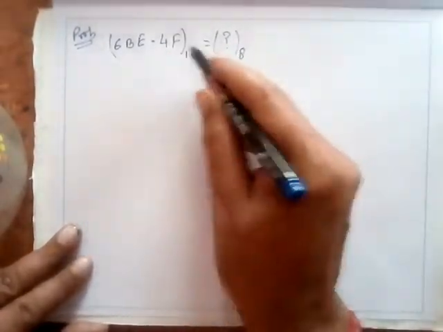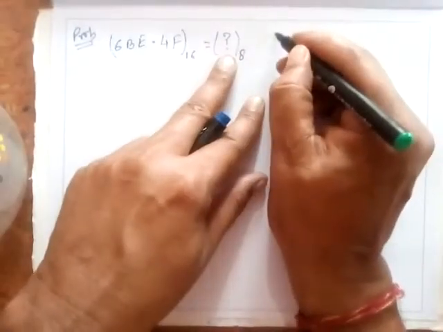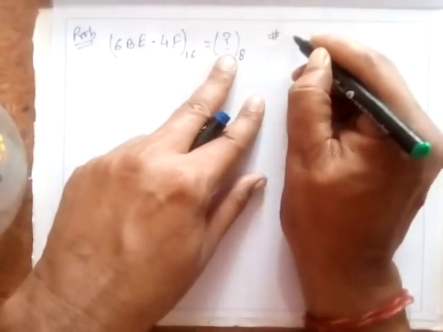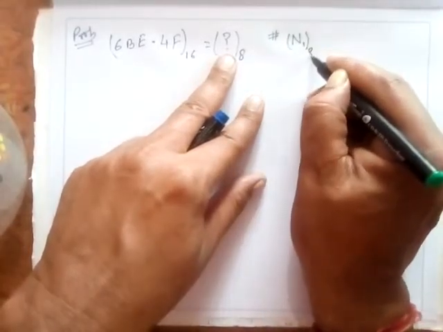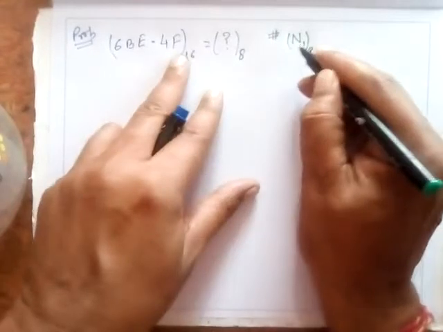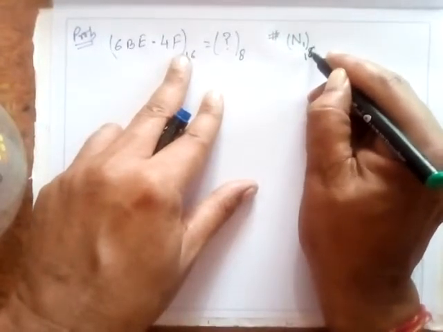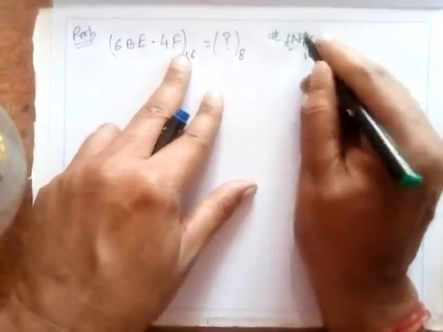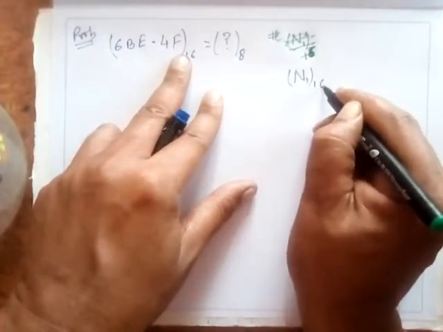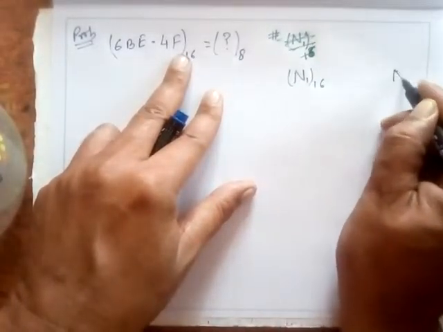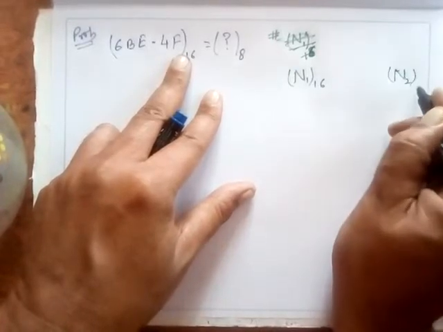The procedure I'll follow is this: suppose you have a number n1 in base 16 and you want to convert it into a number n2 in base 8.